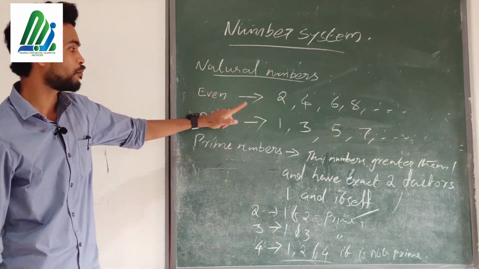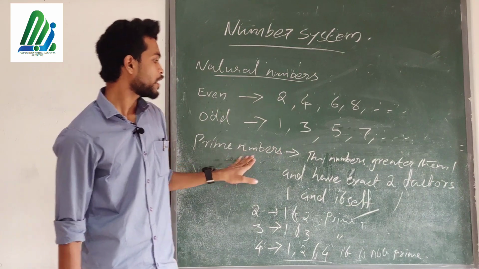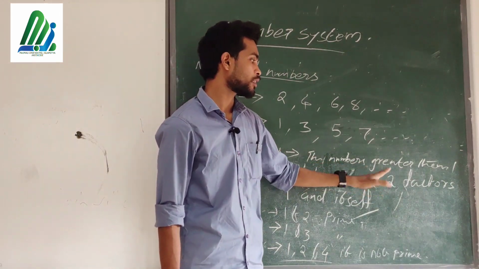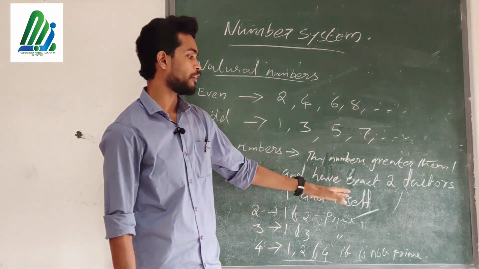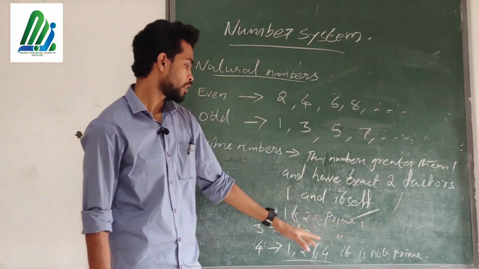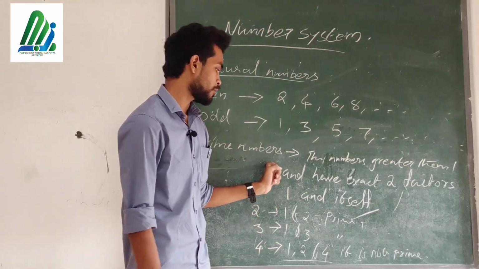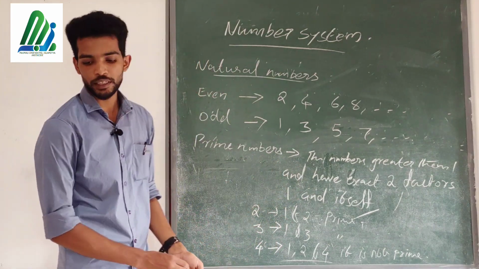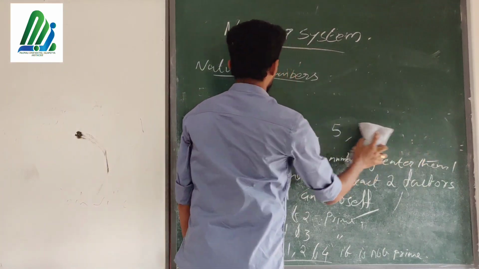Patterns: even numbers, odd numbers, and the important prime numbers. Prime numbers are the natural numbers greater than 1 and have exactly 2 factors. If it has more than 2, then it is not a prime number. Then the numbers are called the composite numbers.